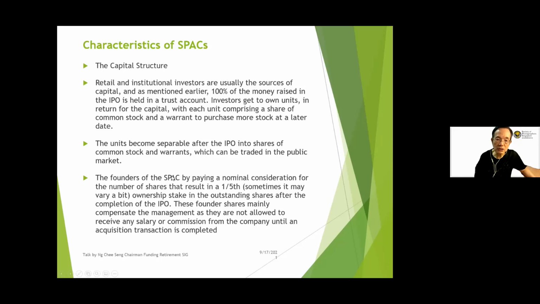The founders of the SPAC pay a nominal consideration for a number of shares that results in about a one-fifth ownership stake in the outstanding shares after the completion of the IPO. Those founder shares mainly compensate the management, as they are not allowed to receive any salary or commission from the company until an acquisition transaction is completed.